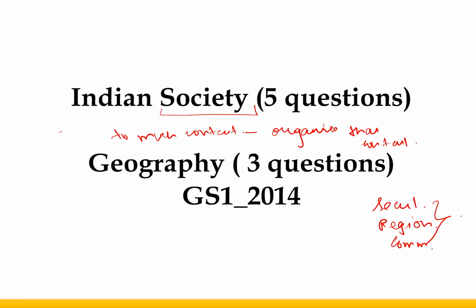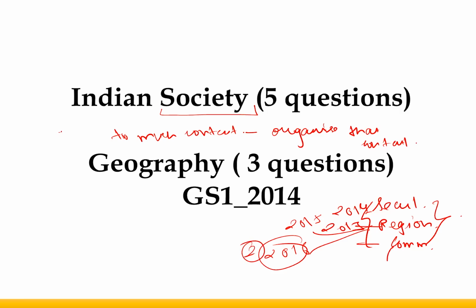You can almost be sure that UPSC has asked a question from each of these 3 topics every year. 2013, 2014, then 2015 again from regionalism, 2016 again from regionalism, in fact 2 questions in 2016, and 2017 from communalism. So every year one question will come from each of these 3 topics.